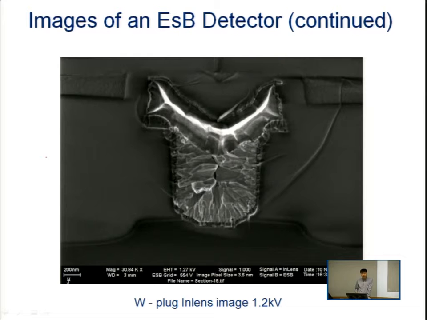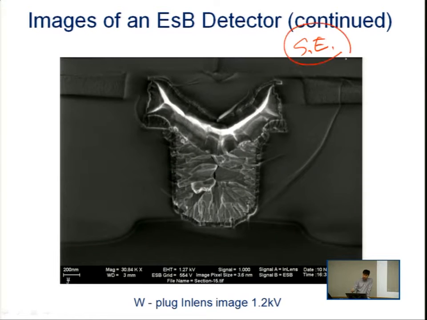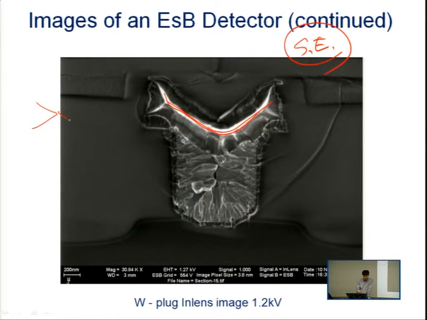So this is another example. This is an example of an image using the secondary electron detector. This shiny area is because when we cut these samples, this area made very sharp edges.